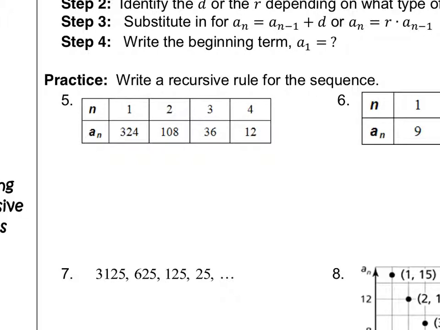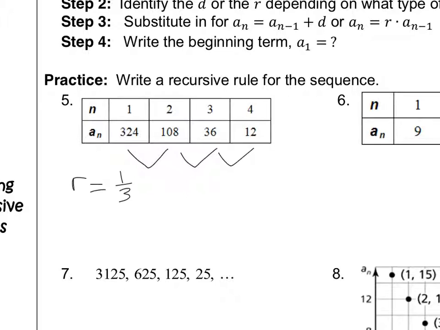So it's not going to be arithmetic, it's going to be geometric. And to get from here to here, and from here to here, it looks like we're multiplying, so our r equals 1/3. So we're multiplying it times 1/3.